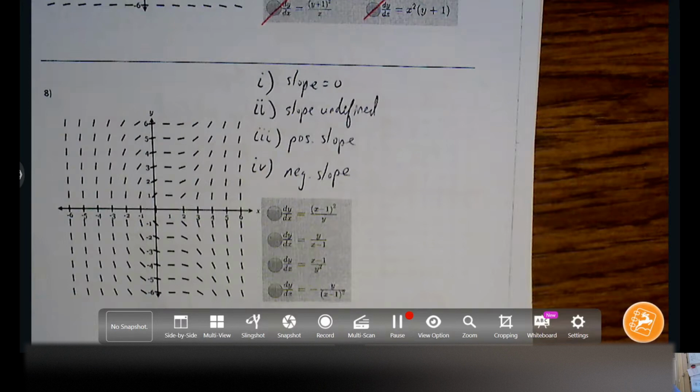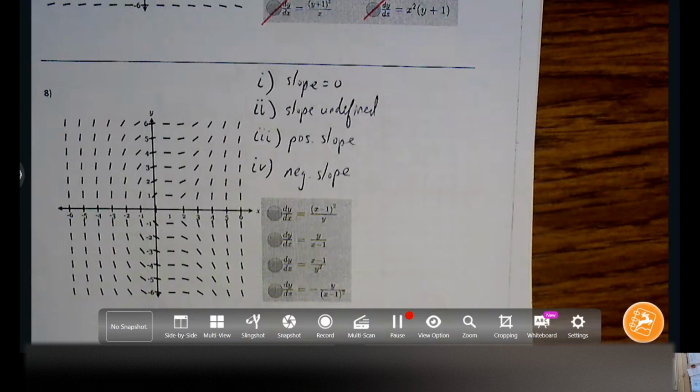Those are negative. Quadrant 3 is negative. Oh, quadrant 1 and 2 are positive. Yeah. But what about the ones on the y-axis? On the y-axis, those are positive. Right. So anything above the.